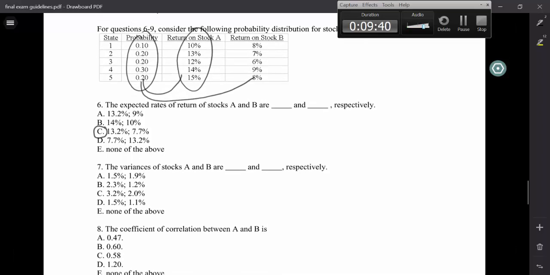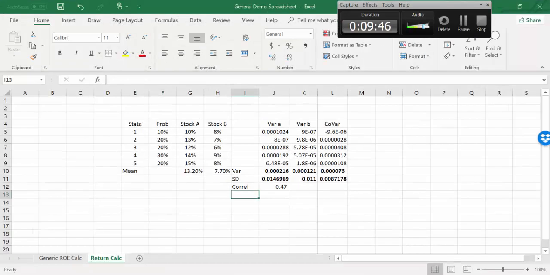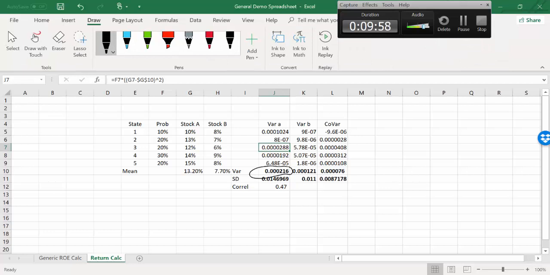Variances. Now, I actually knocked out a simple spreadsheet here. So I just replicated the data for stocks A and B, and the variance of A should be this one. Now you've got to be a bit careful.